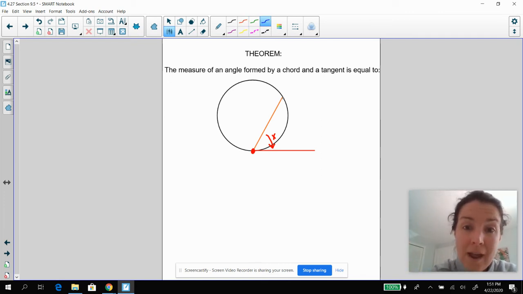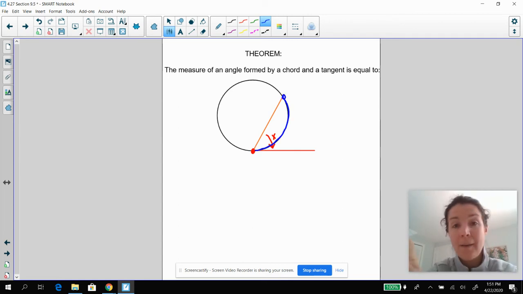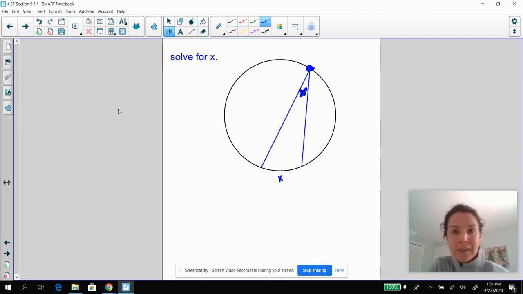So thus, this intercepted arc, from the vertex up to the top, is still going to be twice the measure of that inscribed angle. So if I've got two chords that are inscribed, that's going to be half the measurement of the arc. And if I have a chord and a tangent, that is also going to be half the measurement of the intercepted arc.